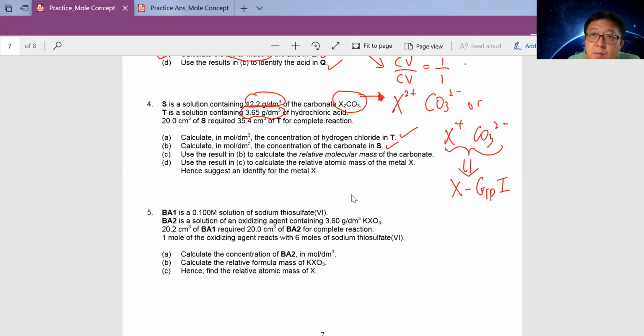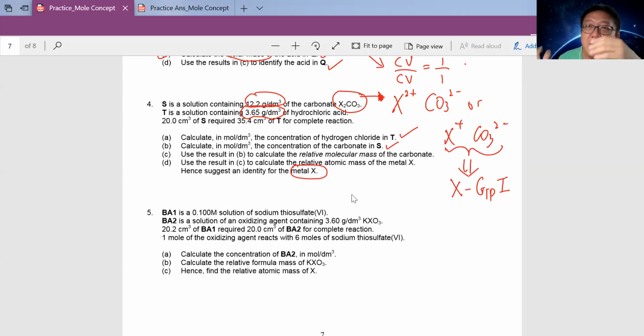Why? Because every time when students check paper, I ask them what are you checking? Check the working. Check the working means what? Do from A, B, C, D all over again, see whether got any careless mistakes. Don't need. Because part D asks you to suggest an identity for metal X. So mentally, when I'm moving through this question, what am I thinking at the back of my mind?